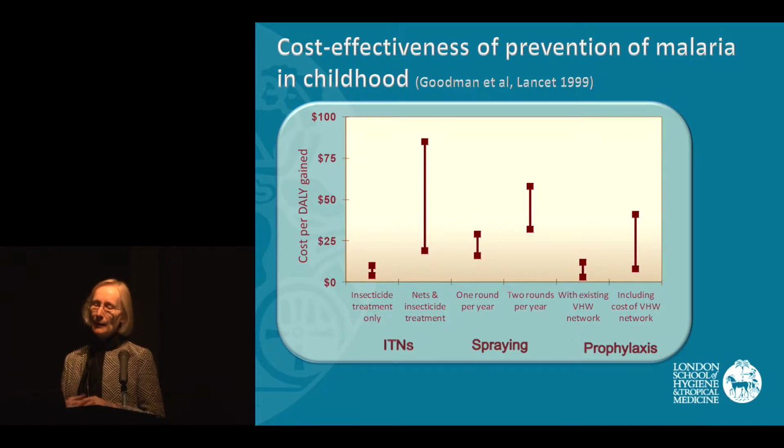But if you accept that $100 per DALY is a rough indication of a highly cost-effective intervention, then you can see that all of these interventions were highly cost-effective. We also disaggregated this analysis by whether there was high levels of transmission or lower levels of transmission, because it makes a difference to the analysis.